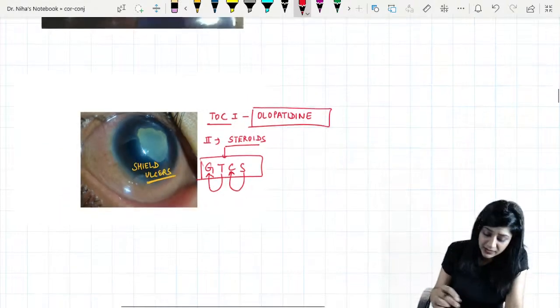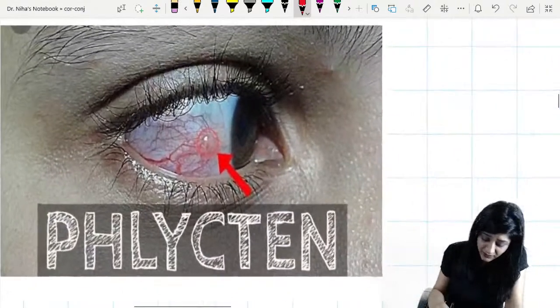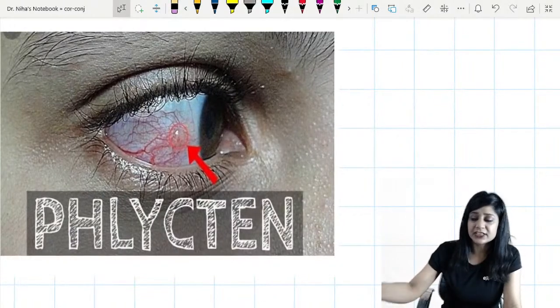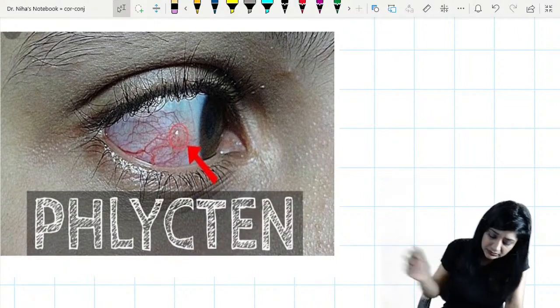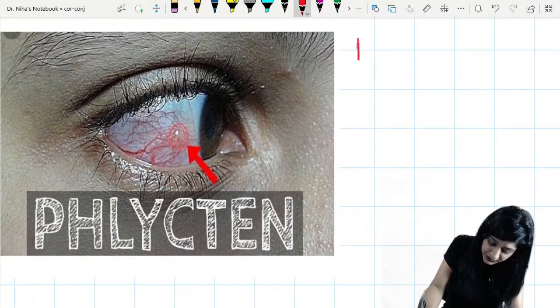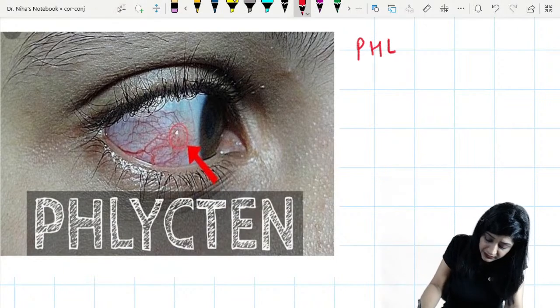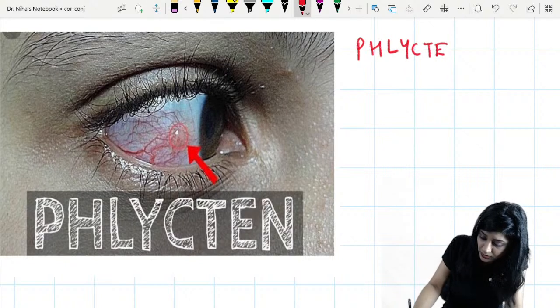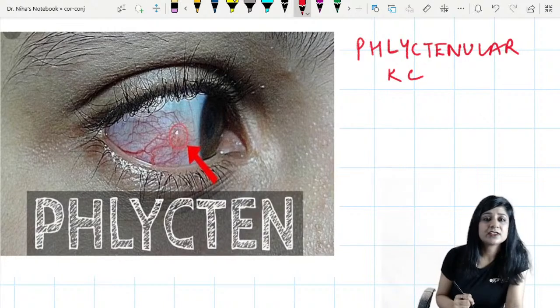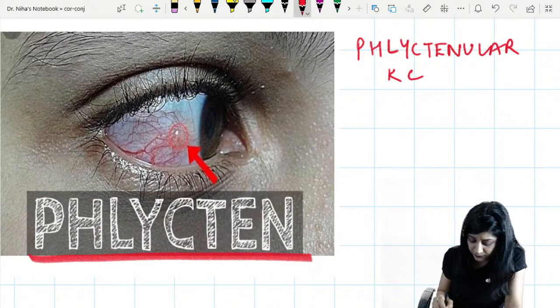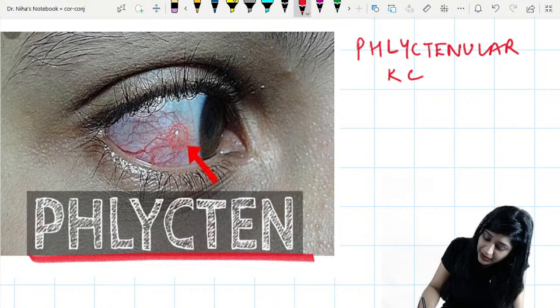Okay. Now, on the other hand, we have got another allergic conjunctivitis. This another one is called as your phlyctenular keratoconjunctivitis. So you can see this is formed from the word phlycten, and this phlycten means a nodule.